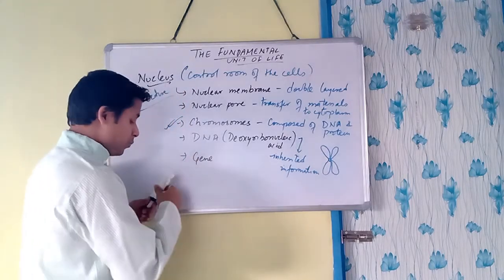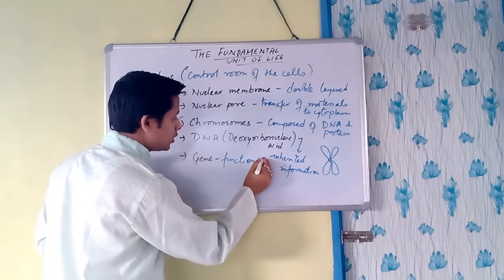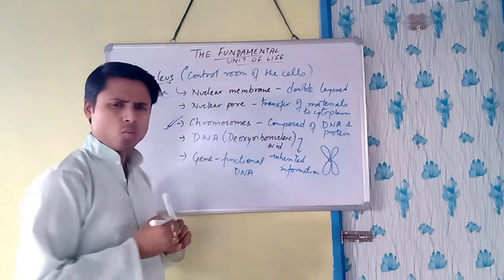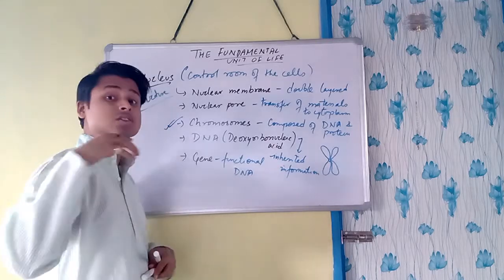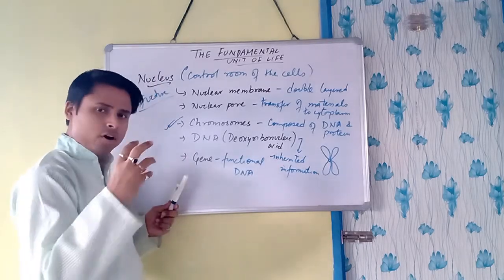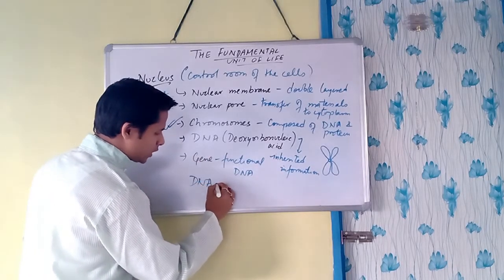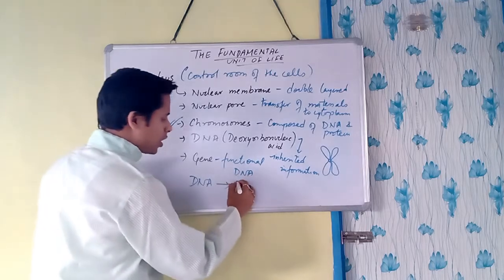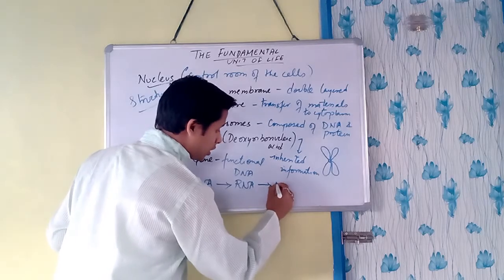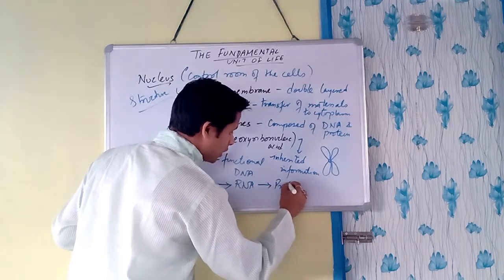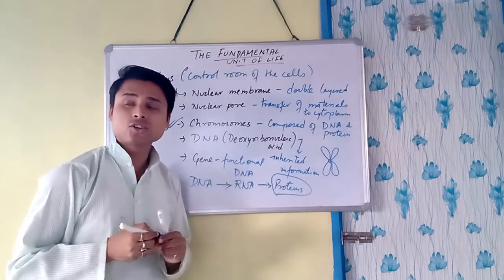And genes are the functional DNA. Now what is this functional DNA? A gene is nothing but DNA only, but DNA which is functional. For understanding this, this DNA forms RNA, and then this RNA gives proteins, and this protein is the material which gets transferred to the cytoplasm.